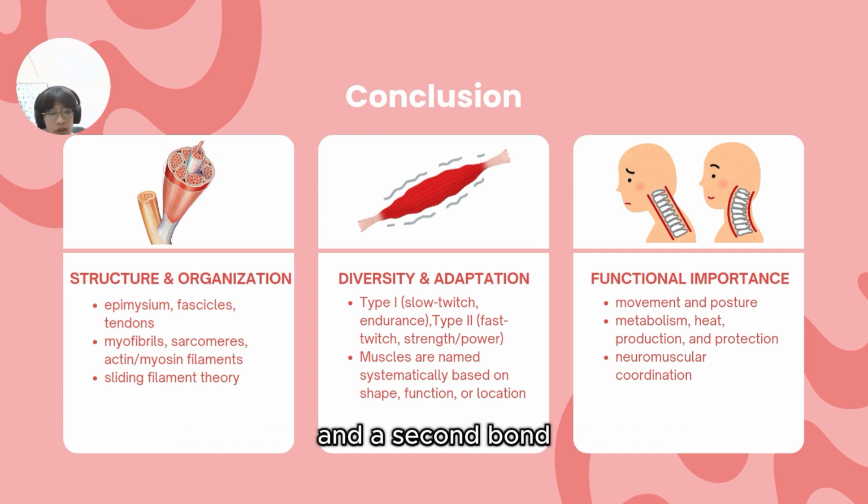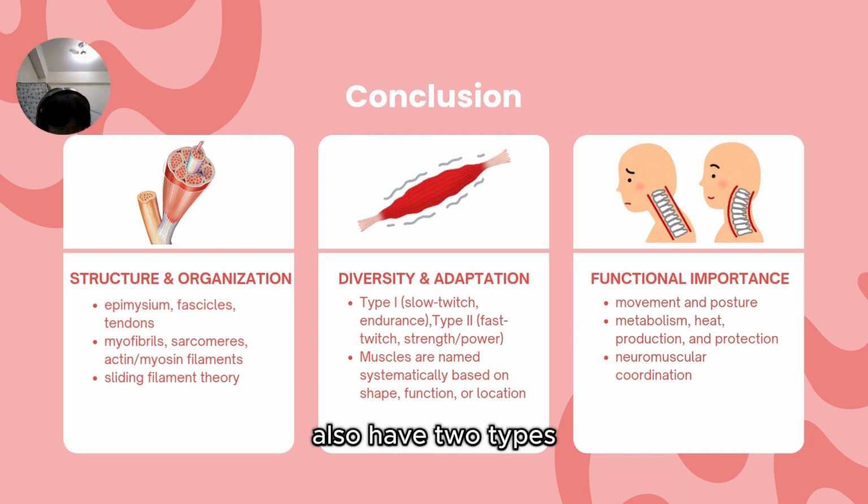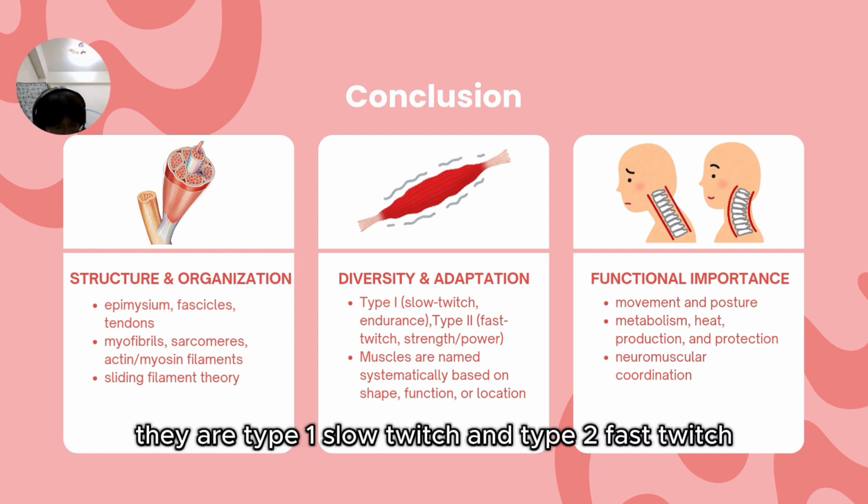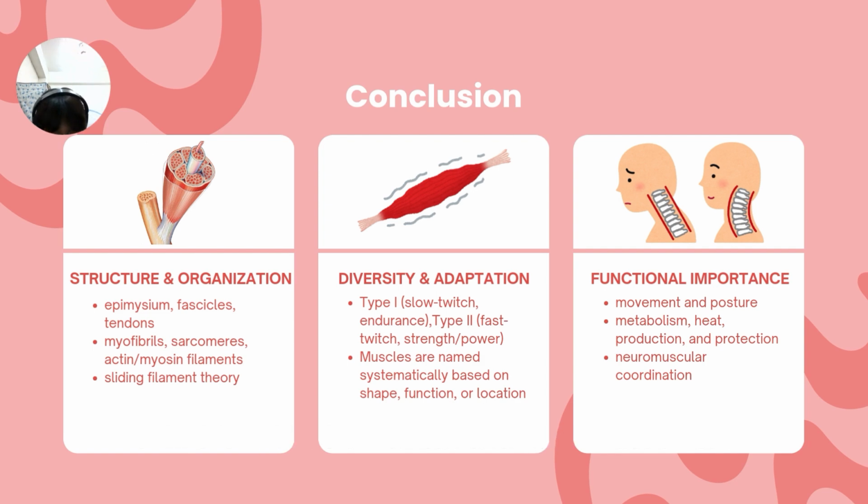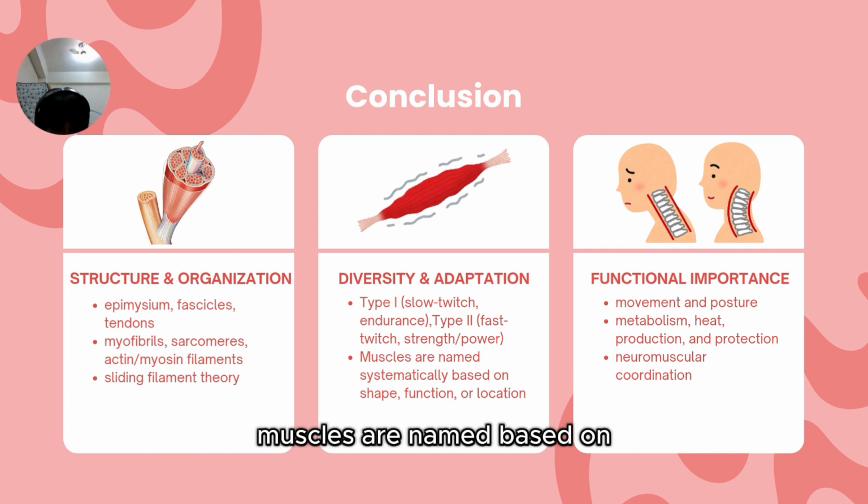And the second point, diversity and adaptation. There are also two types: type 1, slow twitch, and type 2, fast twitch. And muscles are named based on shape, function, or location.